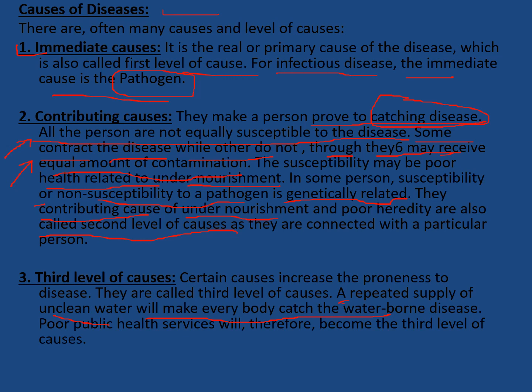Poor public health service, like poor sanitation, or environmental factors, such as climatic factors and industrial hazards. Because of that, we can easily spread the disease. It becomes the third level of the causes. Okay, these are the three causes of the disease.